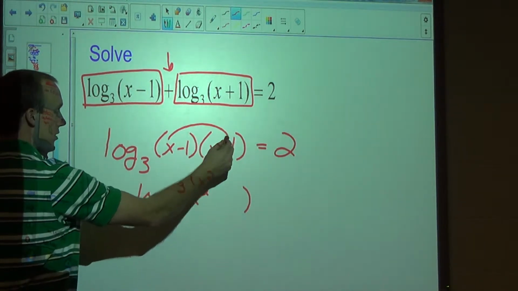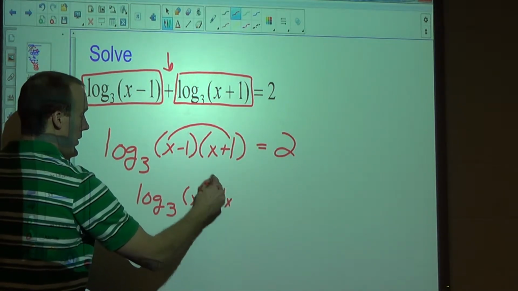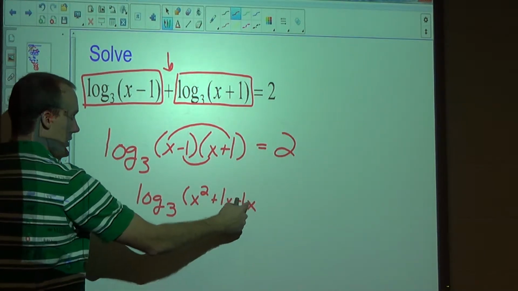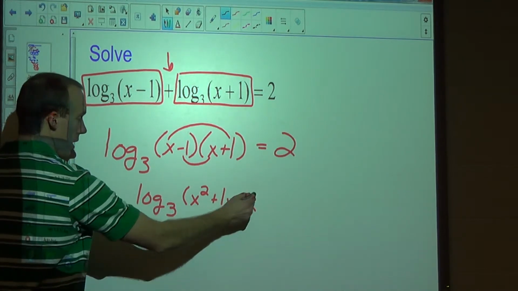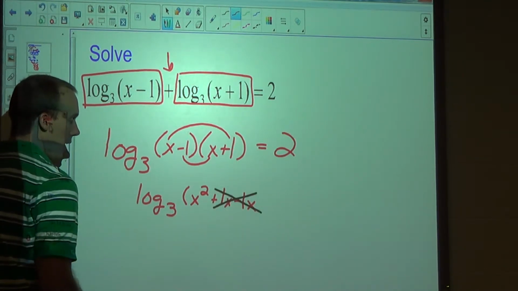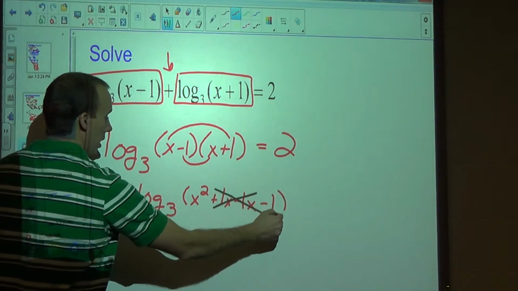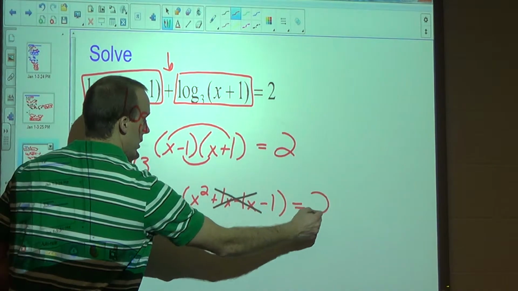The outside gives me 1x. The inside gives me negative 1x, which those cancel. And then I'm left with negative 1 times 1 gives me negative 1. So it's pretty much x squared minus 1 equals 2.